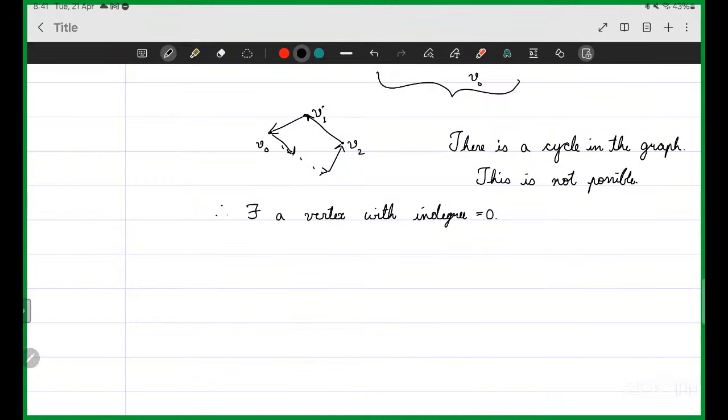Right? In fact, in each connected component, you will have at least one vertex of in degree 0. So if every component is cyclic, then what will happen?